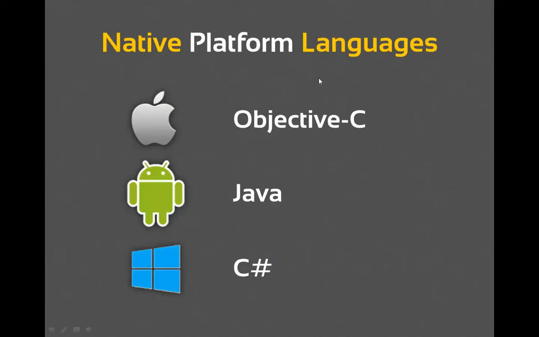So we have native platform languages. If you're an iOS developer, you're doing Objective-C. For Android, you're going to be doing Java or C++, depending on what you want to do with it. And of course, for Windows Phone, you're going to be doing C# or whatever you want to do with that.